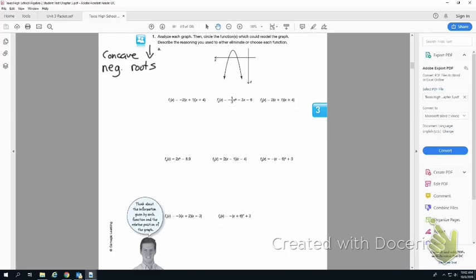Meredith, which quadrant is the vertex in? The vertex. Oh, the vertex? Okay.